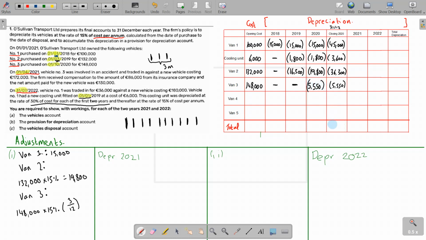So that's 90,450. Okay, so that's going to be, remember, closing of 1 month is opening of next month.